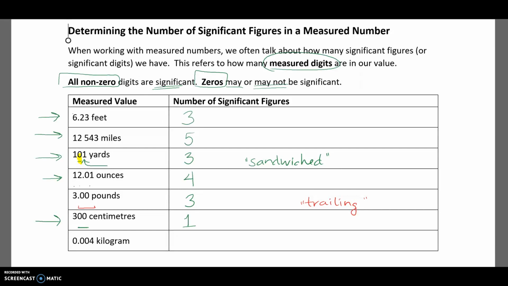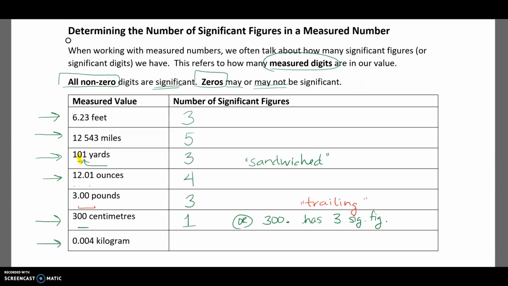If I did measure to the nearest whole centimeter and had 300 centimeters, if I wanted to show that, I could include a decimal at the end of the number. Once I do that, then I am showing that this has 3 significant figures. So that decimal is very important. If it's not written, we don't know that those trailing zeros are significant, so we don't include them in our count of the number of significant figures.